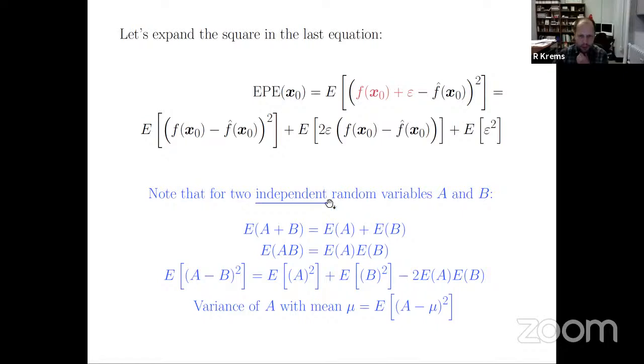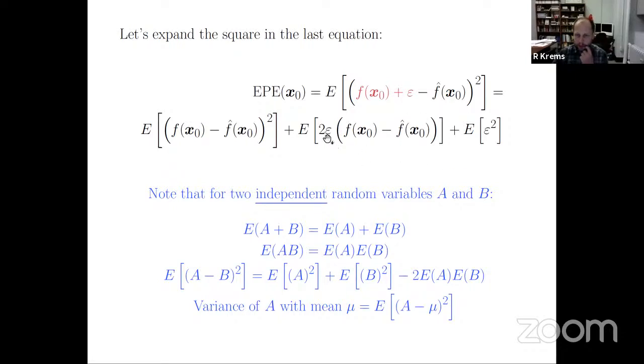To answer this question, we're going to use one of these properties: the expected value of the product of two independent random variables is the product of the expected values. So we can write this as the expected value of noise times the expected value of this thing.